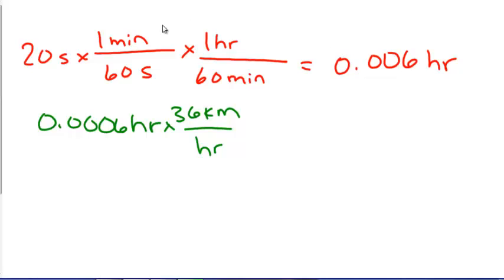So up here in red, I already showed you how I went from 20 seconds to 0.006 hours. Now if I wanted to go with that and then use 36 kilometers per hour as another conversion factor, the problem with doing that is I'd cancel out hours and my unit would be kilometers. That's not my desired unit. I wanted kilometers per hour squared because I was solving for acceleration.